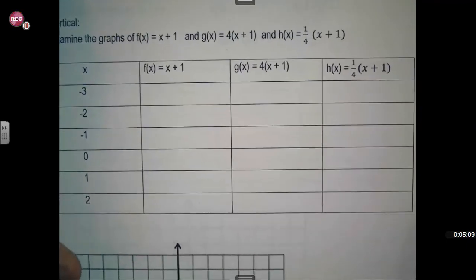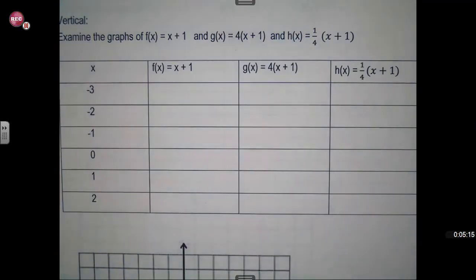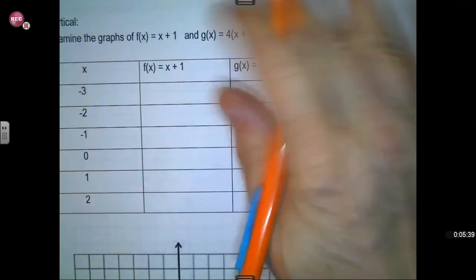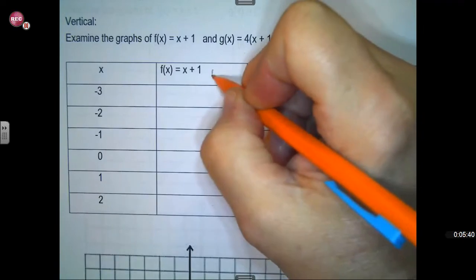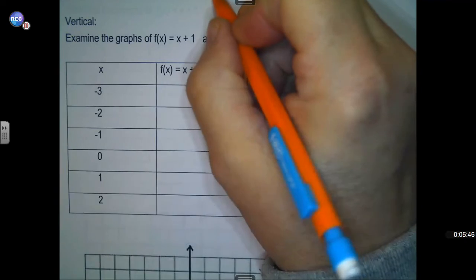So we want to look at the graphs of f(x) = x + 1 and g(x) = 4 times the quantity (x + 1). What these do, we know this one takes the parent function and moves it up 1, and the parent function for this would be f(x) = x.